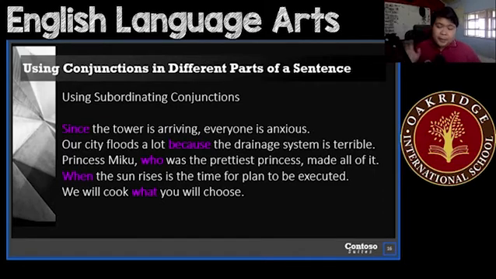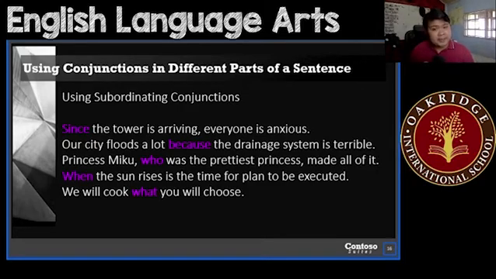Using subordinating conjunctions, on the other hand, is a little bit different. There are many ways to use them, and the thing about subordinating conjunctions is that you have different ways of using dependent clauses. Sometimes you could start with a dependent clause, like for example, since the tower is arriving, everyone is anxious.